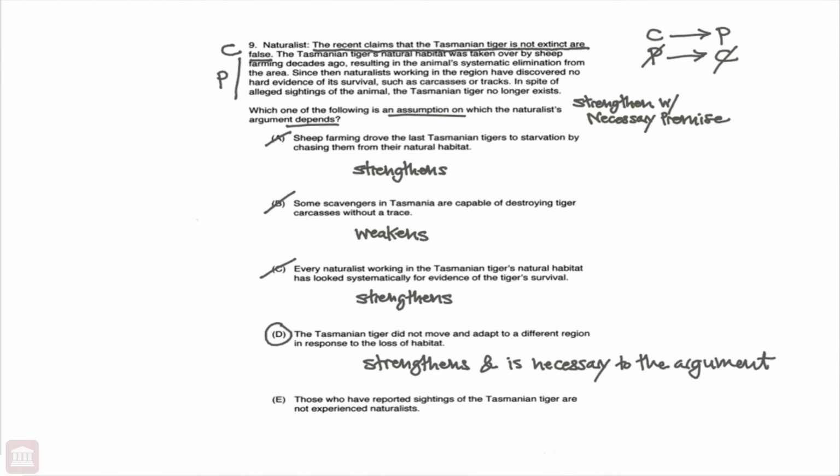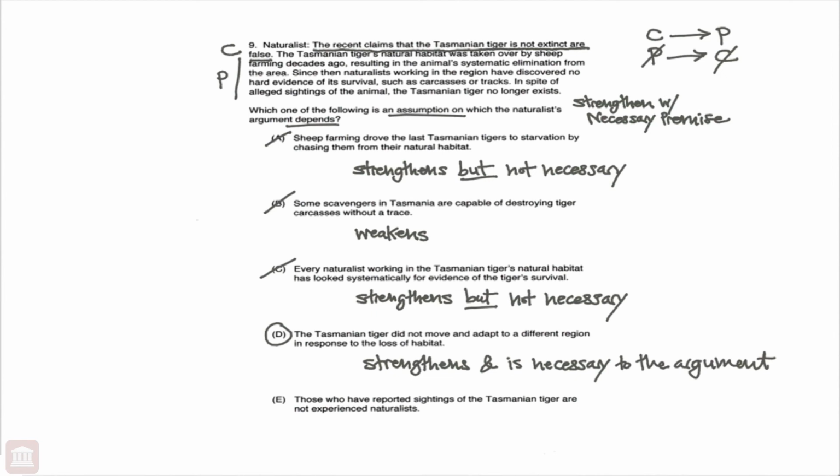And you notice the problem with A and C: while they strengthened, they were not necessary. But again, let's make sure, checking E: those who have reported sightings of Tasmanian tiger are not experienced naturalists. Completely irrelevant. What difference does it make if they are or aren't? I guess you could argue that E strengthens, somehow assuming that if you're not an experienced naturalist, you don't know what a Tasmanian tiger looks like.